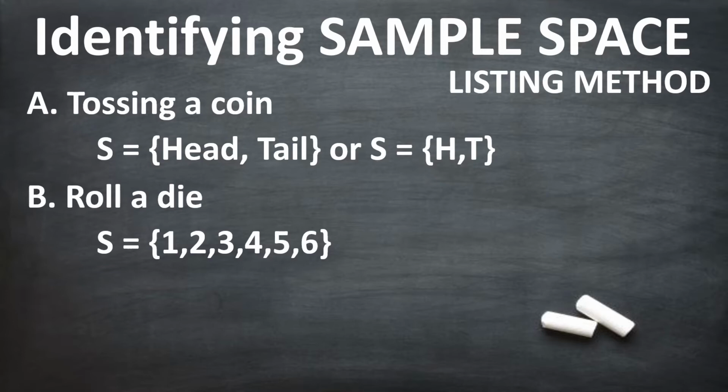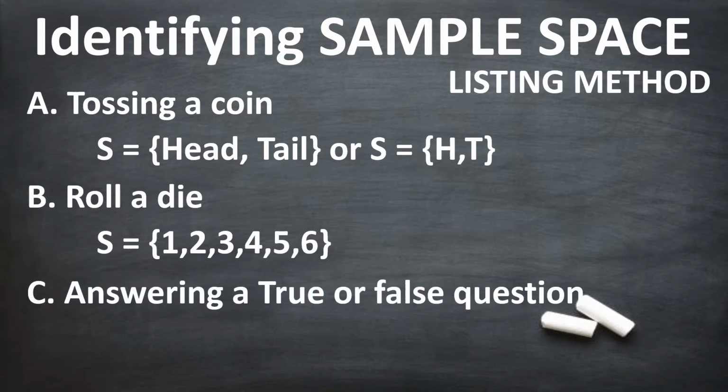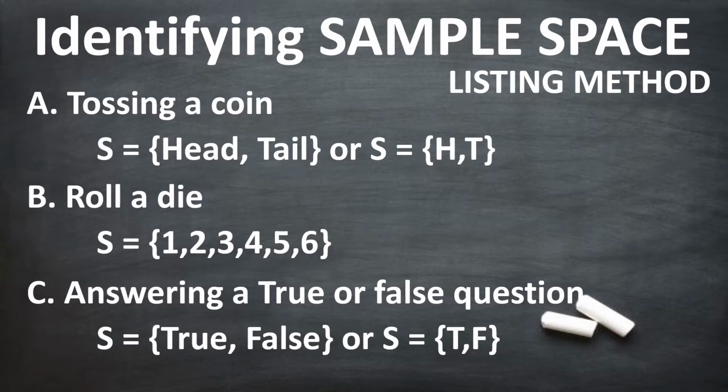And then since this is a sample space and we are in the listing method, you have to denote the sample space as the capital letter S and then an equal sign, and then you enclose numbers 1 to 6 in a bracket. What if the given experiment is answering a true or false question? Obviously, all the possible outcomes will be true or false.